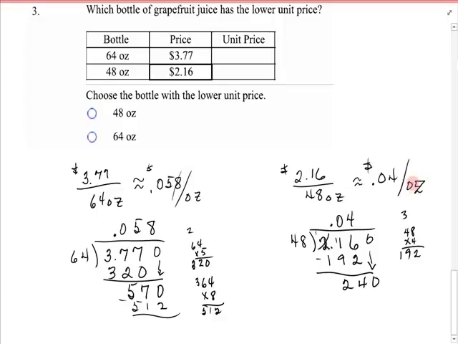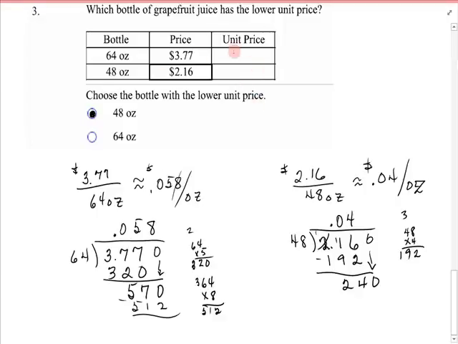Which one's the cheaper buy? I only had to go out to 2 decimal places to the pennies to see the difference. This one is cheaper. The 48 ounce is going to be the cheaper. Now we did not have to fill this in. We could have.